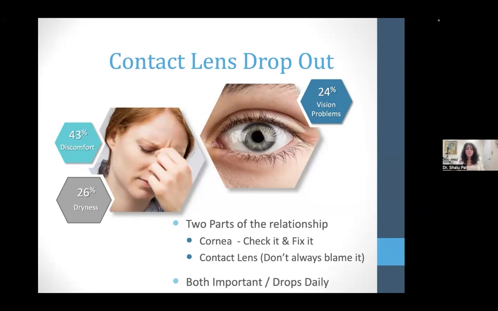I use moisturizing drops every time I brush my teeth to keep my contacts and my eye lubricated to prevent long-term dryness. Five years, ten years down the road, now your patient is struggling with dryness and they can't wear contacts anymore. And now you're like, change the routine that you've been doing for ten years and let's start putting a drop in there. They're going to be like, yeah, I haven't done it. I can't.